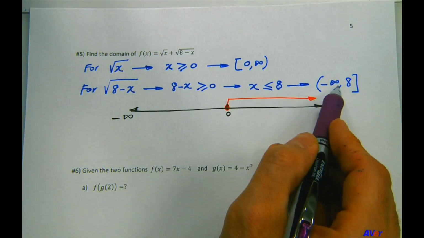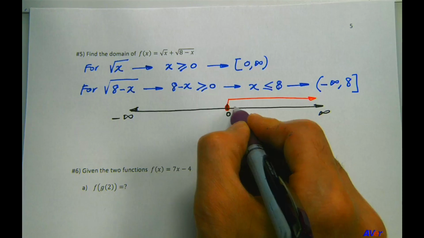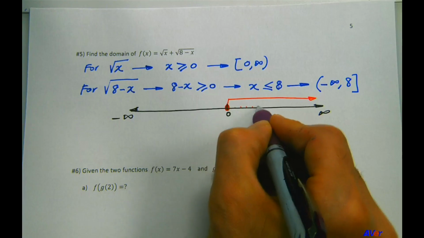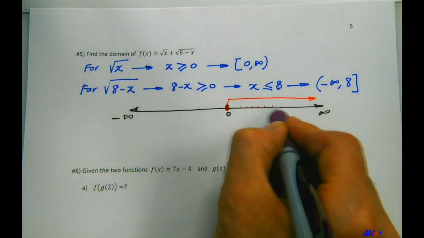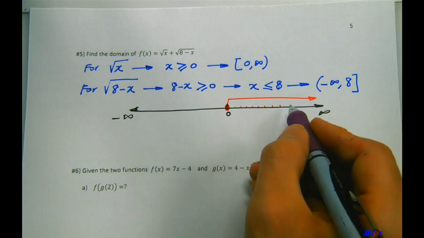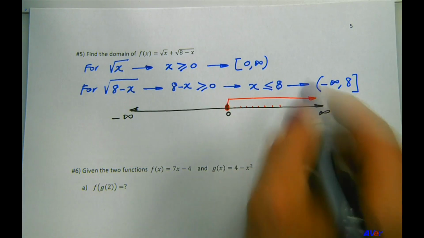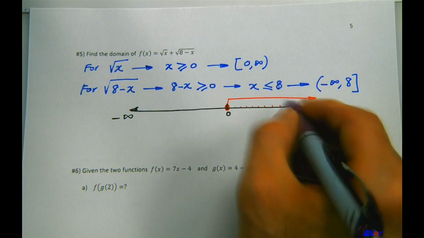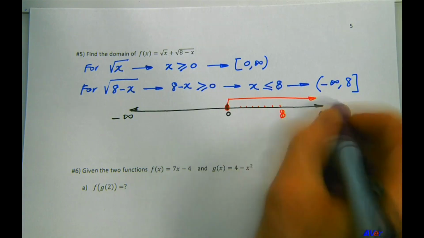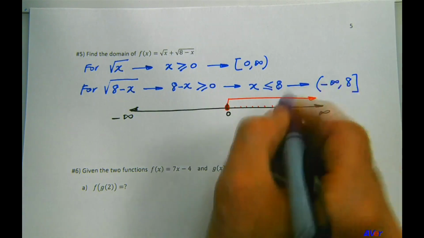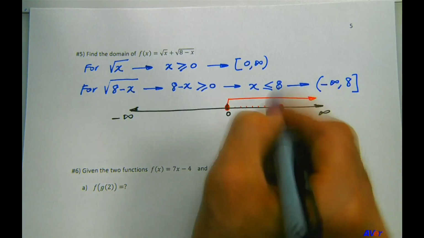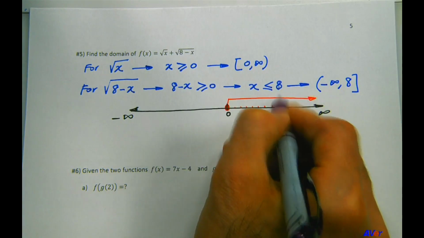This one says 1, 2, 3, 4, 5, 6, 7, 8. So that's 8. 8 and anything less than that. Like that.